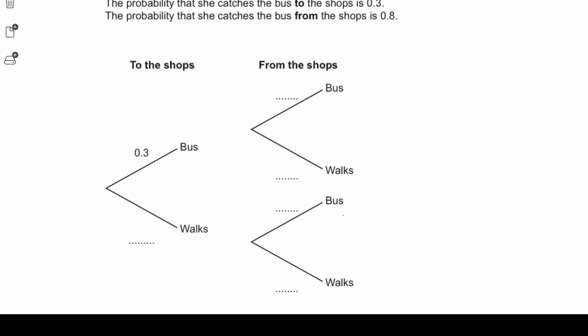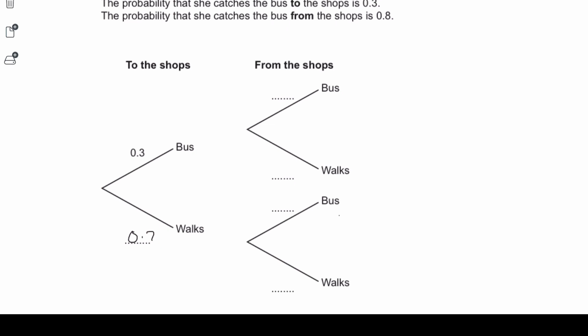Kirsty either travels by bus or walks when she visits the shops. The chance she catches the bus to the shops is 0.3. The probability that she catches the bus from the shops is 0.8. So fill in this tree diagram. This would be 0.7.